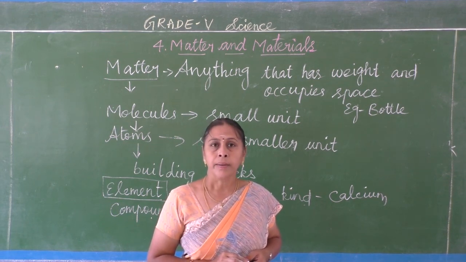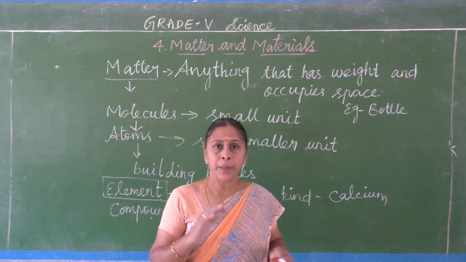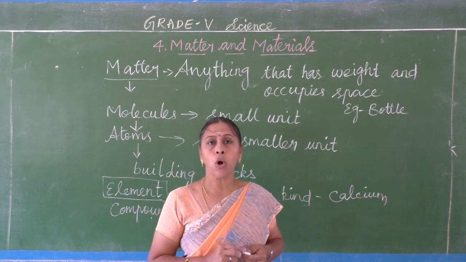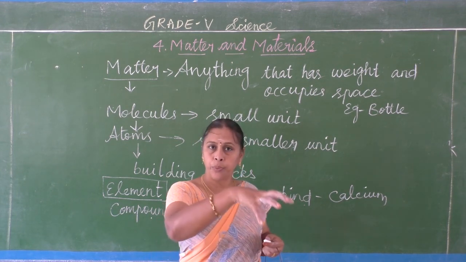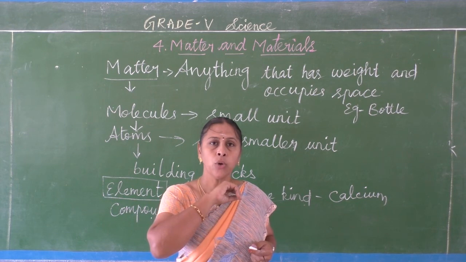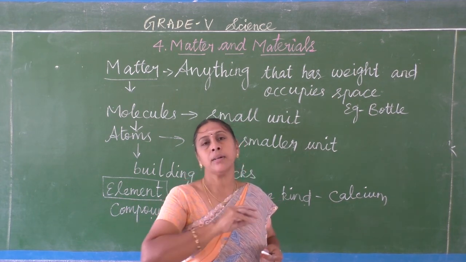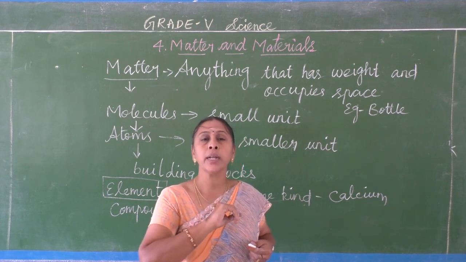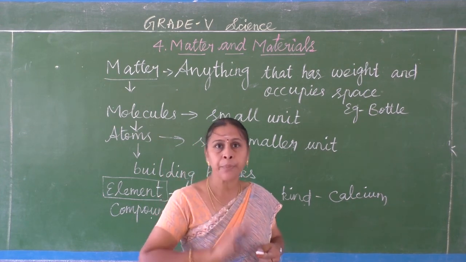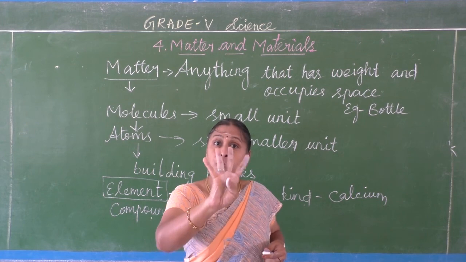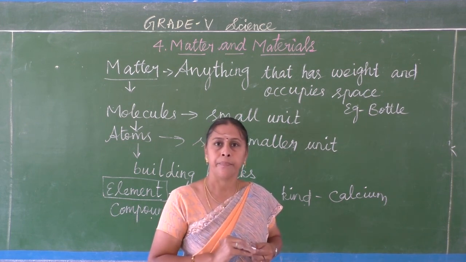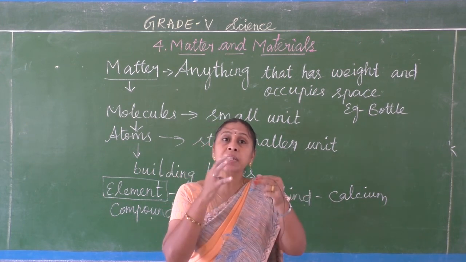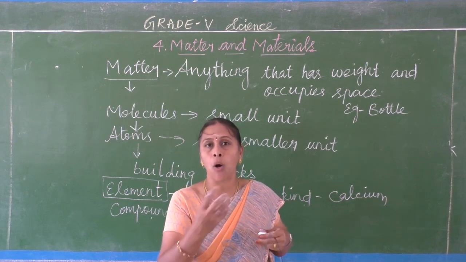Is it not? While your mother prepares tea, you go and watch. First she will keep water on the gas stove, then she will add a teaspoon of tea powder, then sugar, then finally milk. So she is adding 4 things in that. So 4 atoms combine together to form a compound.